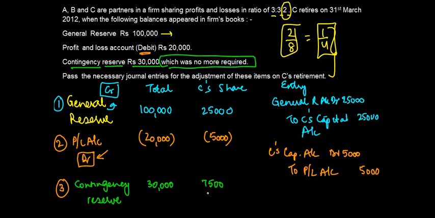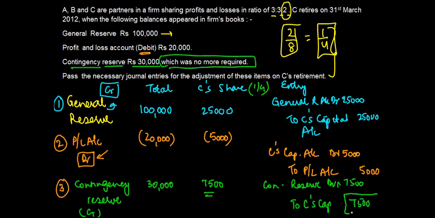So C's share is how much? 1/4, or 7,500. So this has a credit balance, so to transfer it, we will debit it. Contingency reserve debit to C's capital, 7,500.